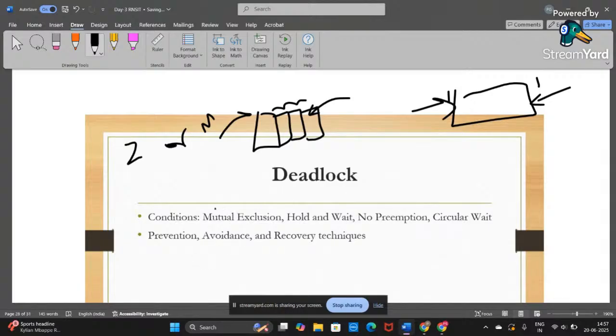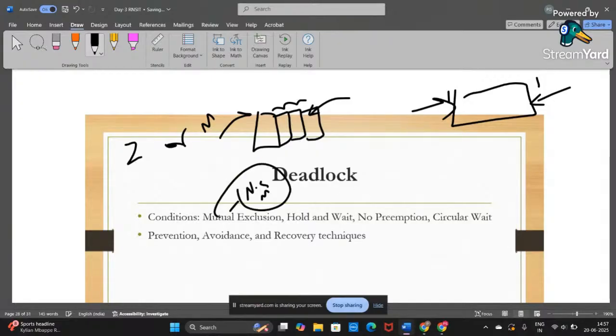Then we'll see what is mutual exclusion. At least one resource must be held in a non-shareable mode. Hold and wait: a process is holding at least one resource and waiting to acquire an additional resource.